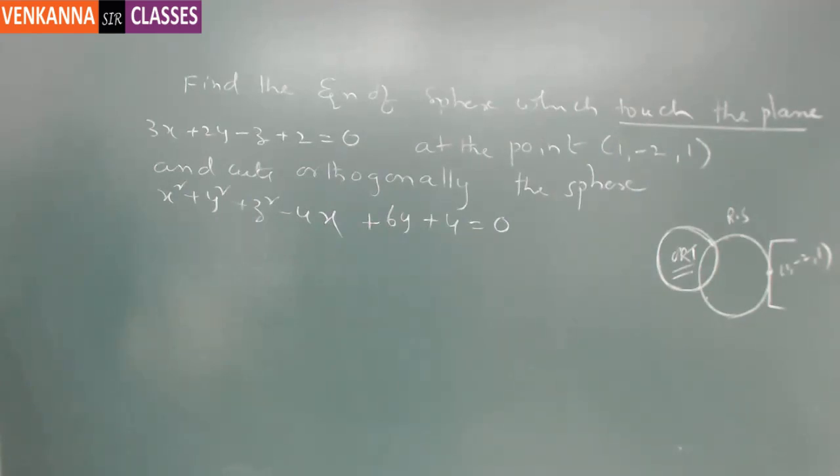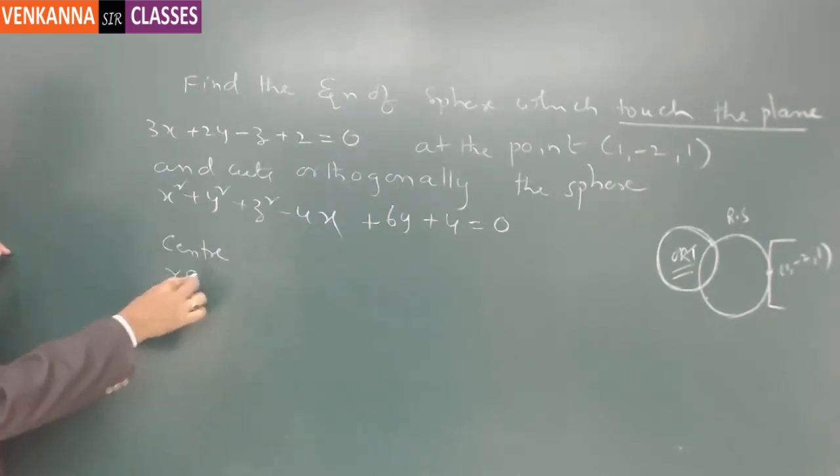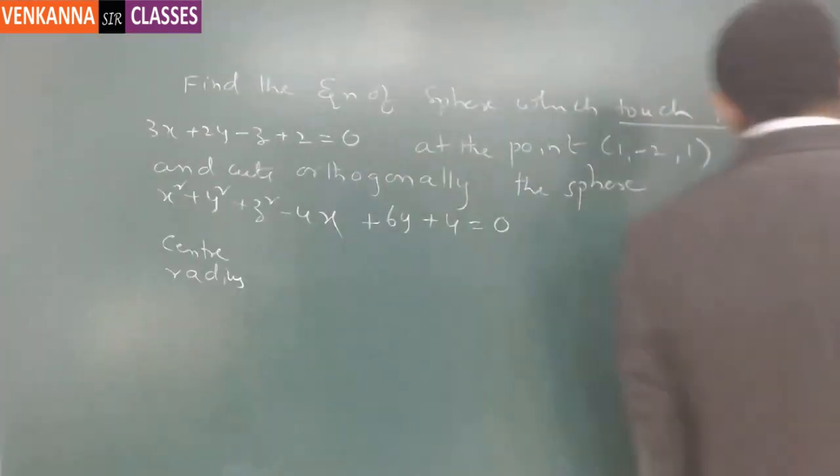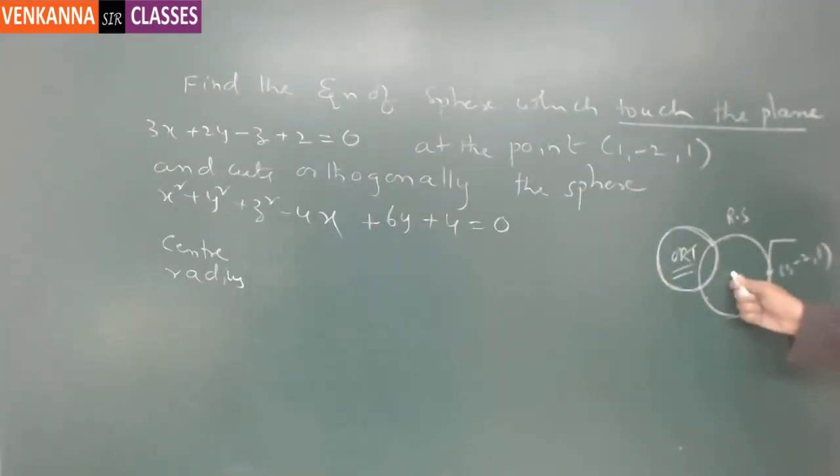Now, in order to write the sphere equation, the basic thing is I must know the center and the radius. If you want to write the equation of a sphere, you should know its center and its radius. My approach towards this problem is this: let me take this as the center.